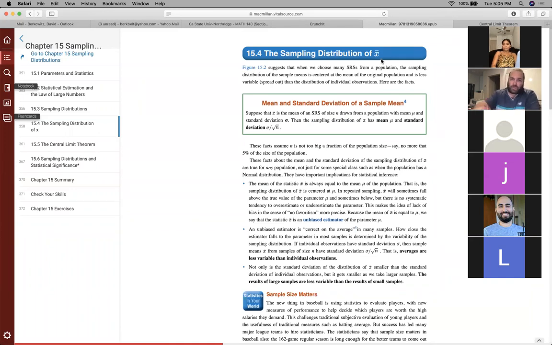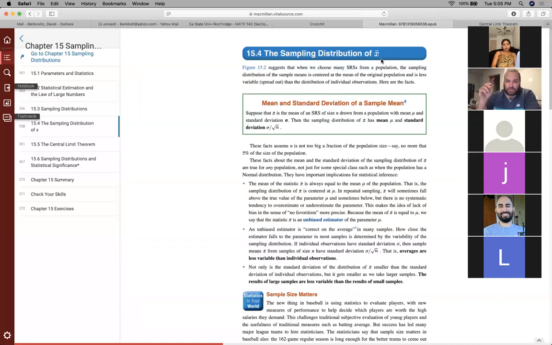So we'll start with case 1. This is our first important result. Suppose that X bar is the mean of an SRS. So condition 1, it has to be an SRS. So we have an SRS of size n drawn from a population with mean mu and deviation sigma.